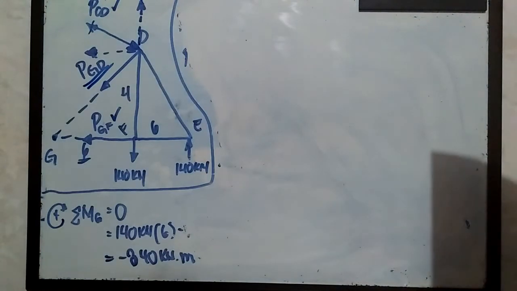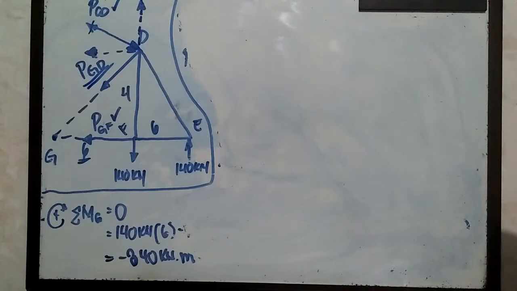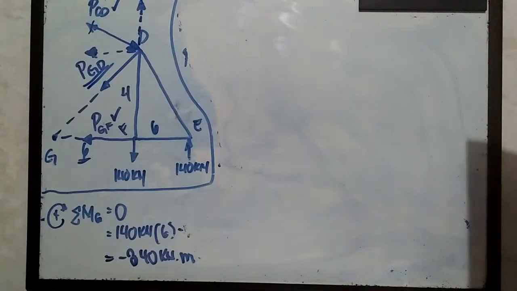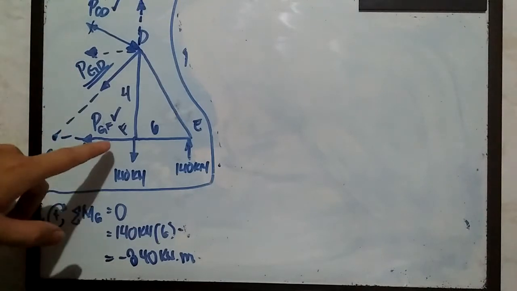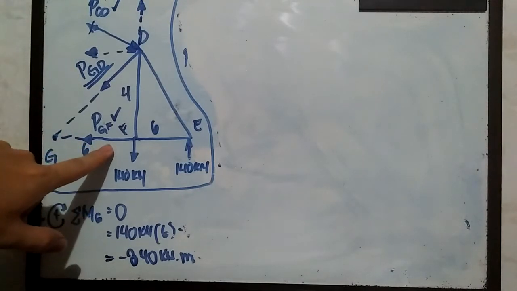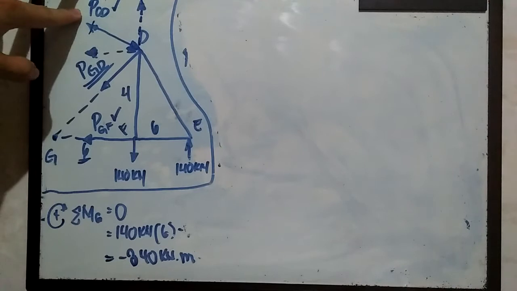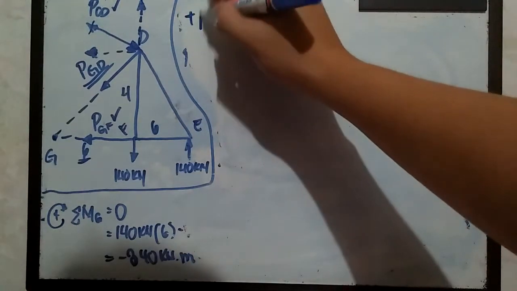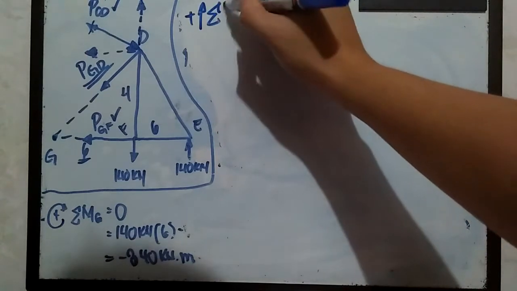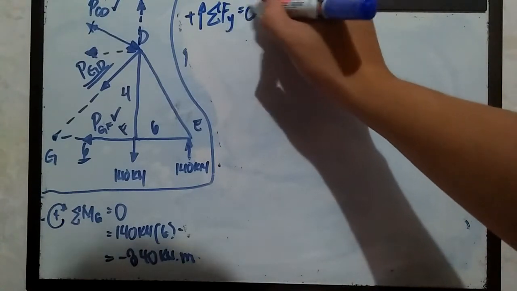So from here on, we can just simply use the summation of forces along the y-axis, because we already managed to solve two of the unknowns, which are P sub GF and P sub CD. So summation of forces along the vertical axis, going up is positive, sum of F sub y is equal to 0.